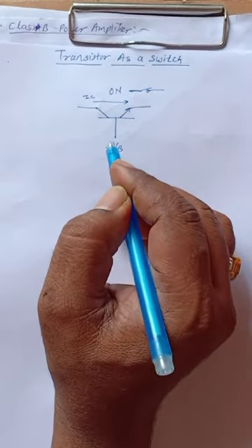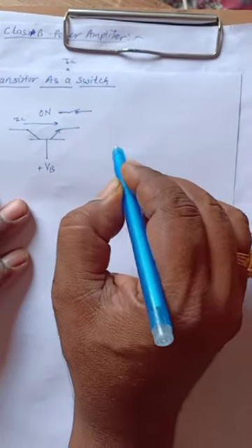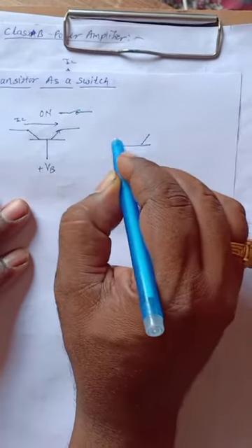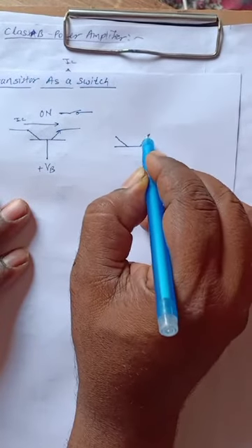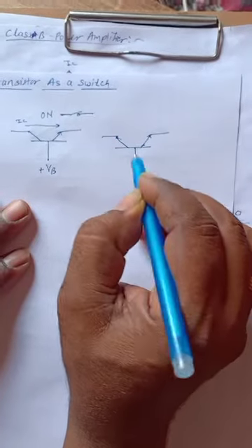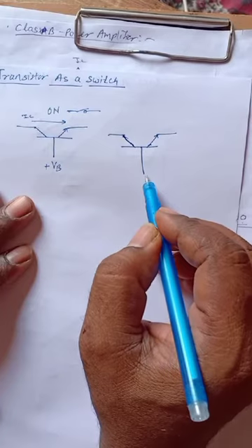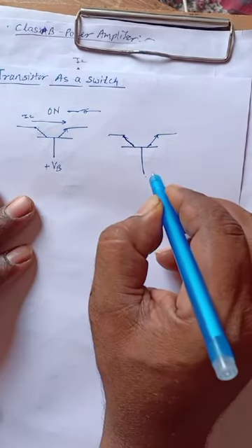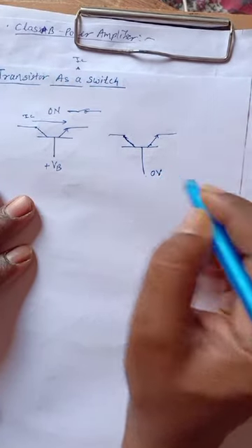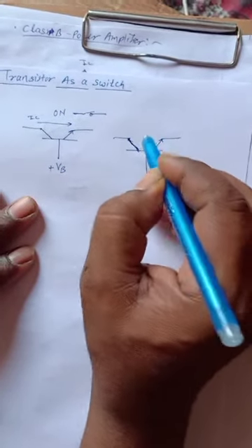And if the base voltage is 0, or negative, well, it is an NPN transistor, and in an NPN transistor the base voltage should be high. So if we apply 0 volts to the base, then the transistor is in the off state.